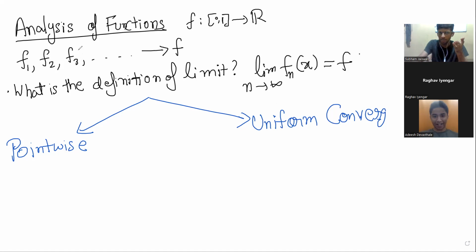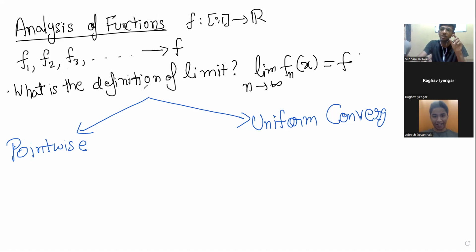You mean like a sequence of functions? You fix a point, and then only one thing changes. I'm talking about pointwise convergence. Pointwise convergence is the first type of convergence, which is a straightforward thing: you fix a point and it becomes a sequence of numbers, right?